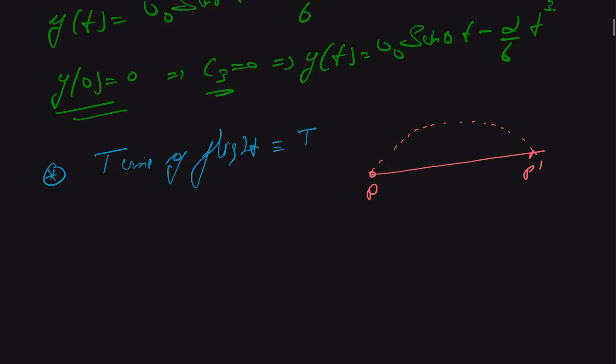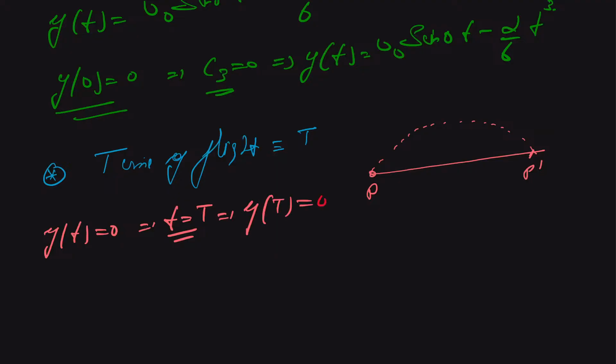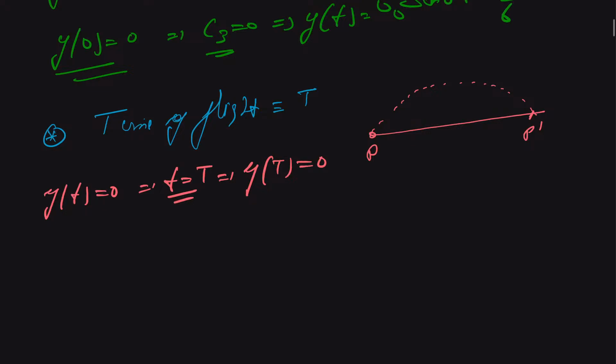So under this condition, we know that y of t will be equal to 0. And here for the time of flight, we put small t equal to capital T. Therefore, we can write y of capital T is equal to 0.